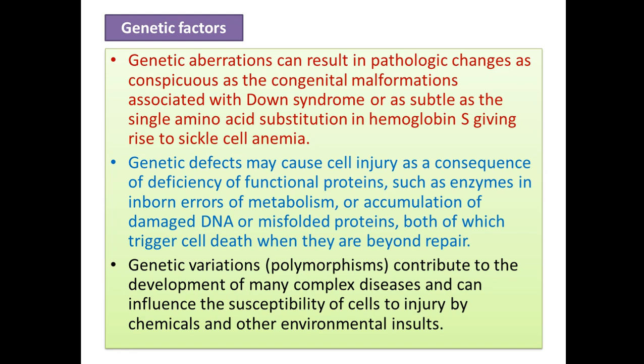We say that we have 4 nucleotides in our genetic makeup, adenine, guanine, cytosine, thymine, which converts into uracil in RNA.